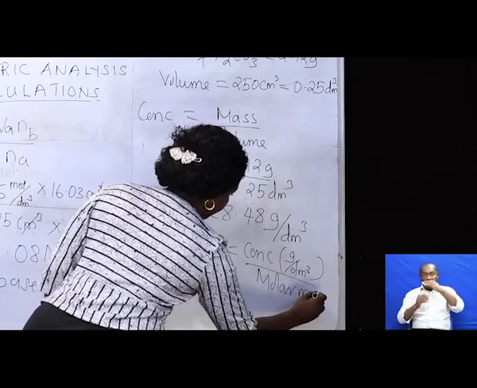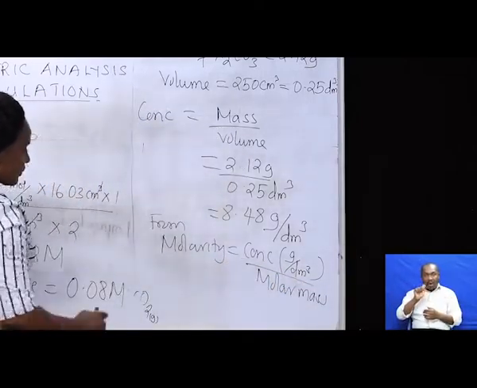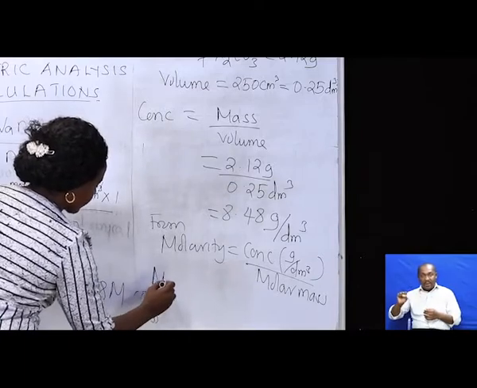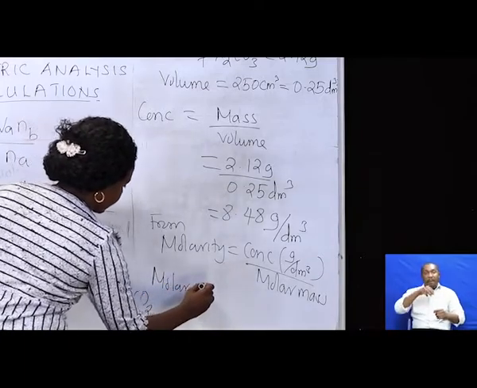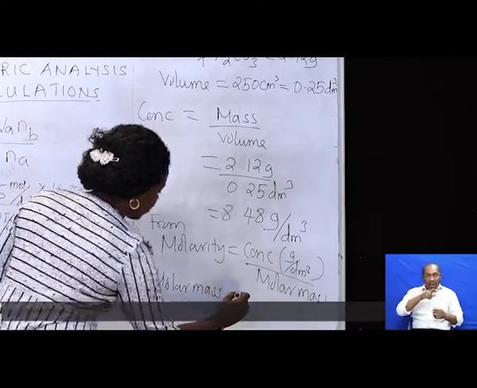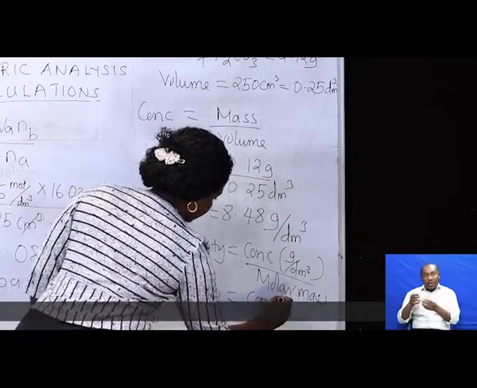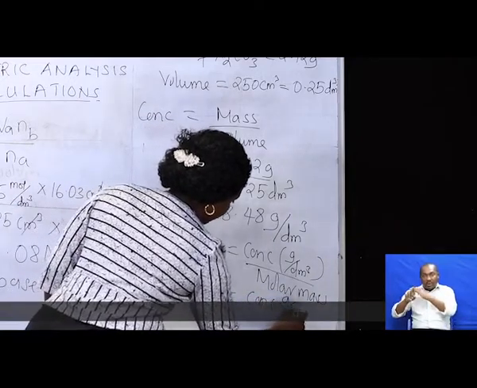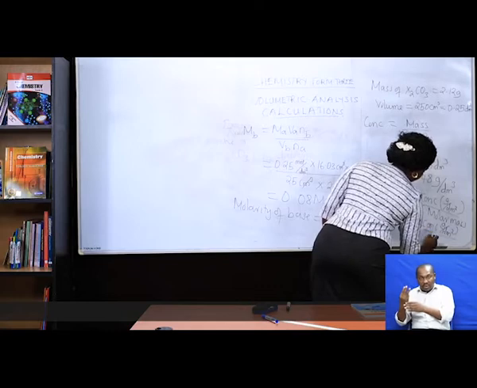We don't have the molar mass, so make it the subject by cross multiplication. Therefore, molar mass will be equal to concentration in grams per cubic decimeter over molarity.